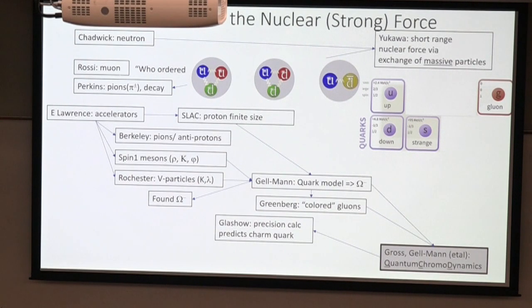This is sort of like how we were finding Neptune. They said, in order to make my stuff match the experiment, I need an extra piece. And that extra piece was called a charmed quark.